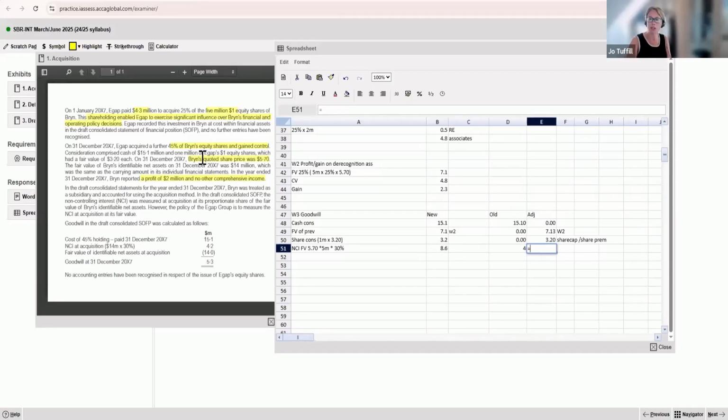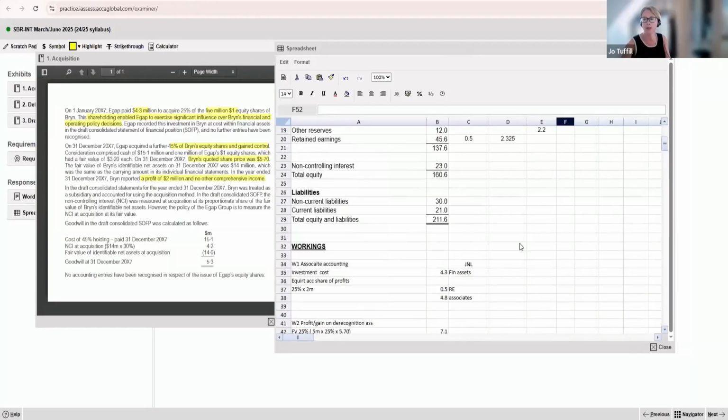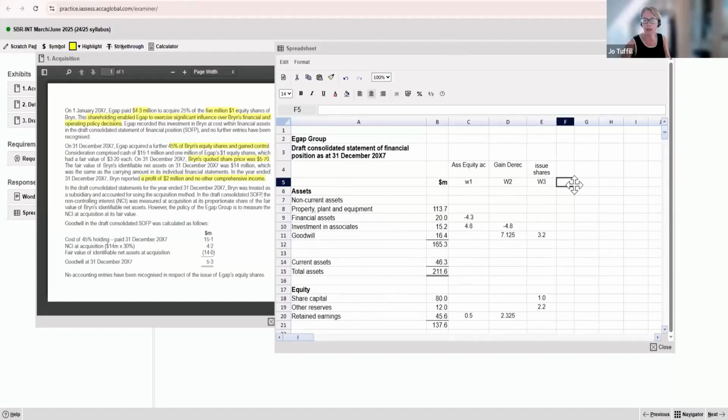So we now need to adjust NCI for that error. Why it's not working. So it needs to adjust NCI. So we adjust goodwill and NCI. And we're going to do it at the same time. So up we go. We're now going to put that adjustment through, working 3. And we're going to put through NCI adjustment.